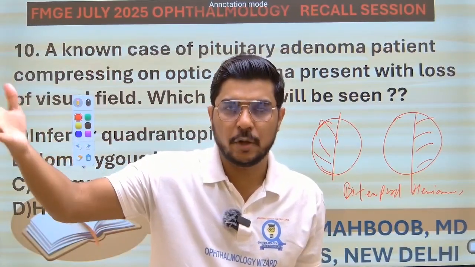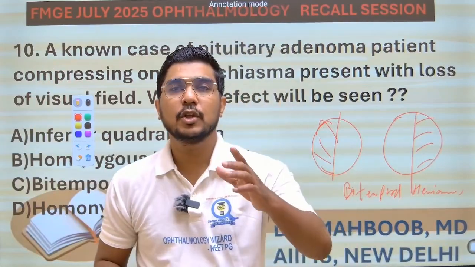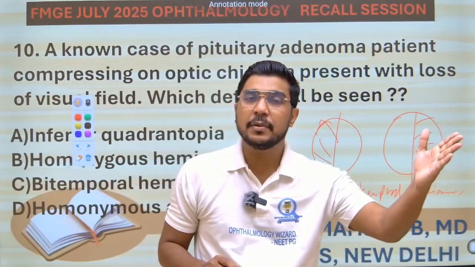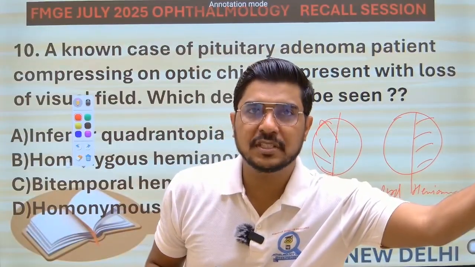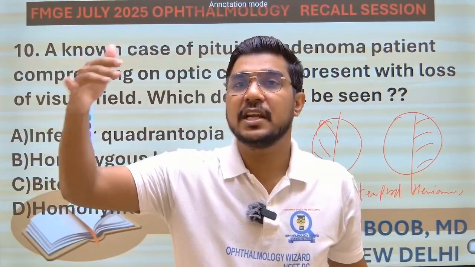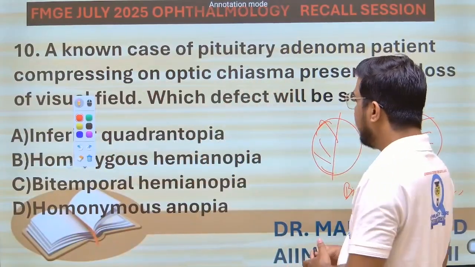If the patient has right homonymous hemianopia, where will the lesion be? It will be a left-sided lesion. Or if I say left-sided homonymous hemianopia, where will the lesion be? It will be on the right side. So you should know this. Okay.